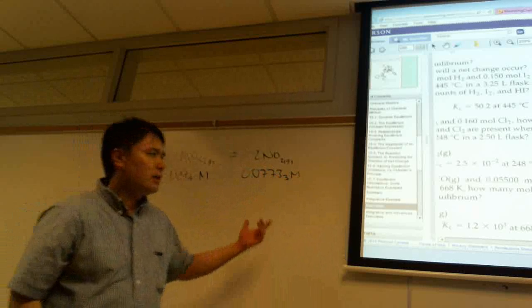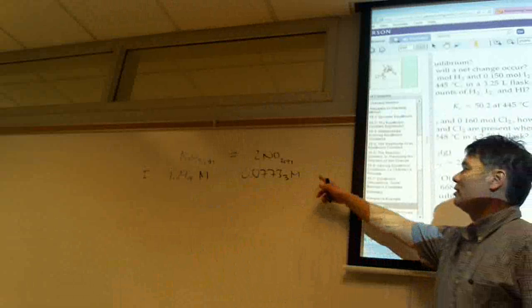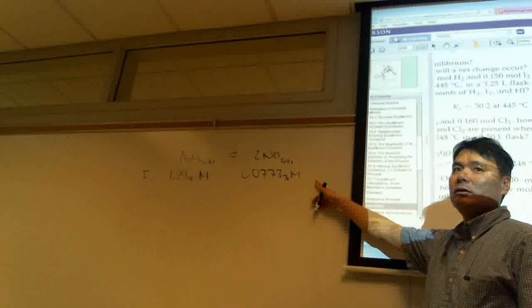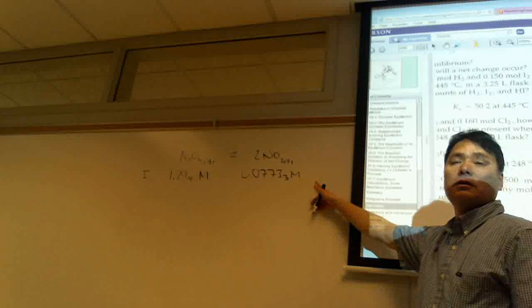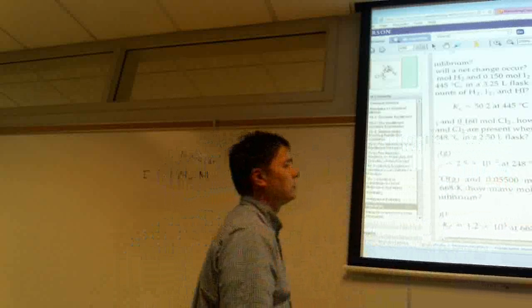And so they're saying that this mixture is at equilibrium. And so what we can do is we can just verify this. How can we verify that this is at equilibrium? We can calculate Q. So let's go ahead and calculate Q for this.